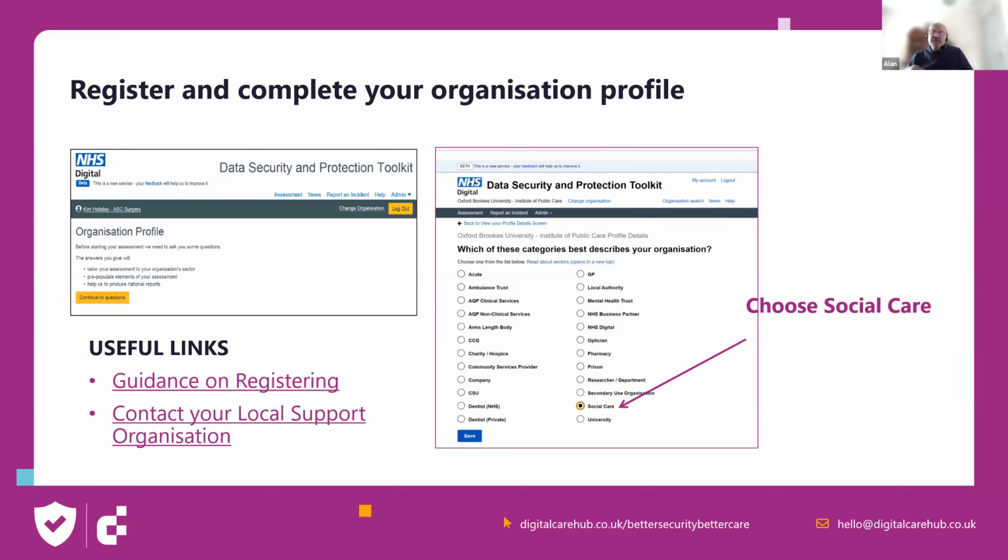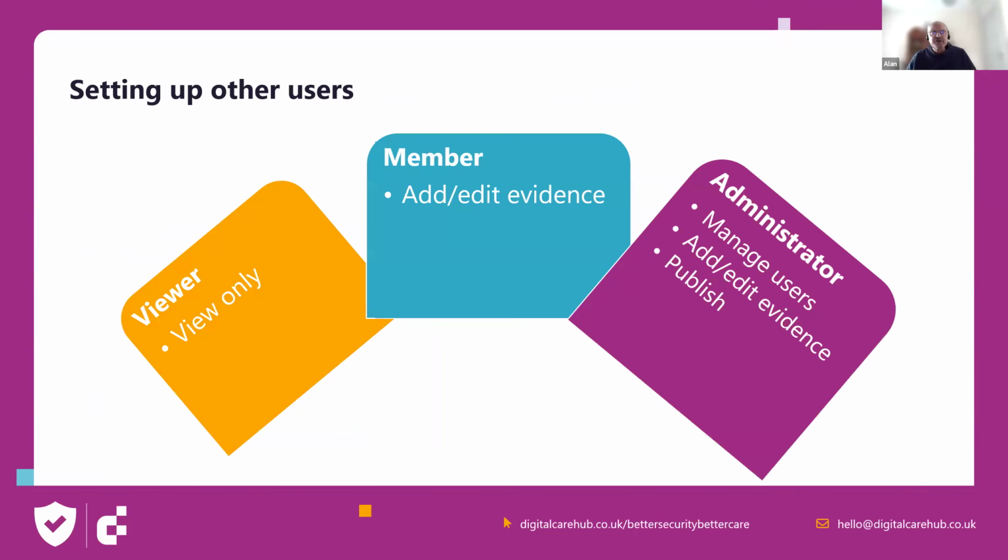So I referred earlier to multi-site organisations setting up registered managers, etc. It is possible to set up other users within the DSPT, regardless of whether you're a multi-site organisation. So the person who registers and completes the DSPT will be the administrator, and they're able to manage users, add and edit evidence and publish the DSPT on behalf of the organisation.